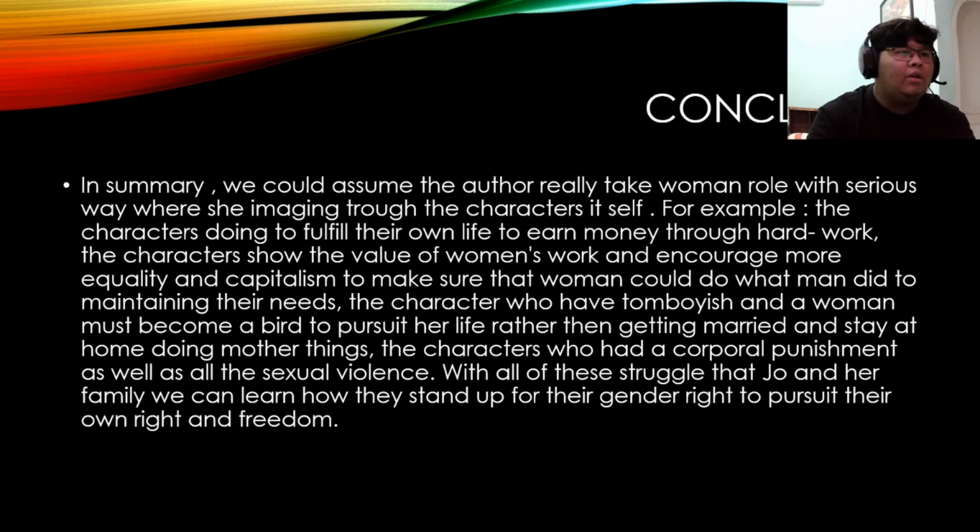The character who is tomboyish and a woman must become a bird to pursue her life rather than getting married and staying at home doing mother things. The characters also experienced corporal punishment as well as sexual violence.